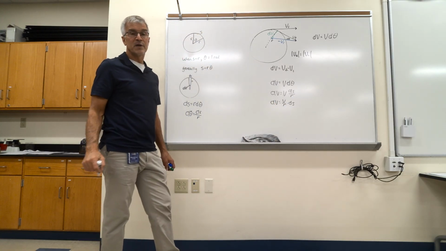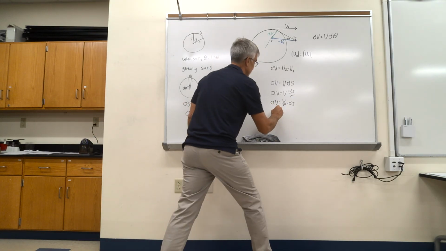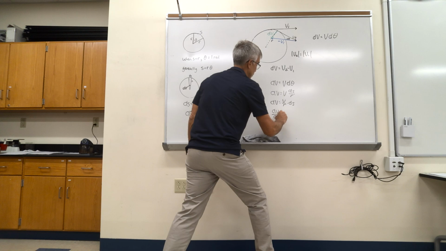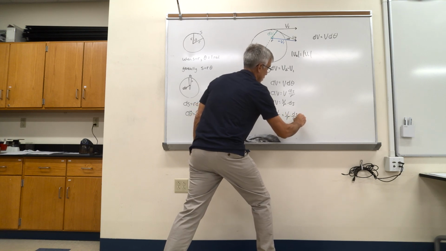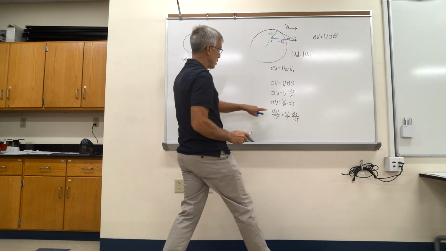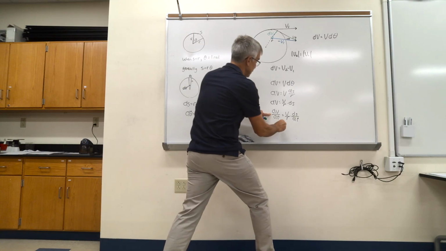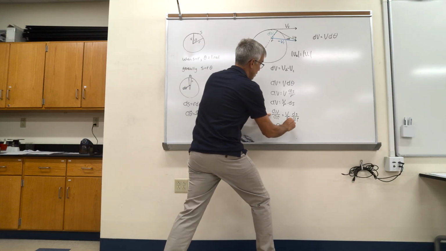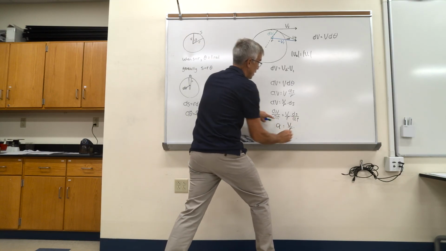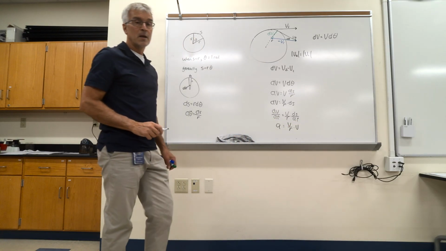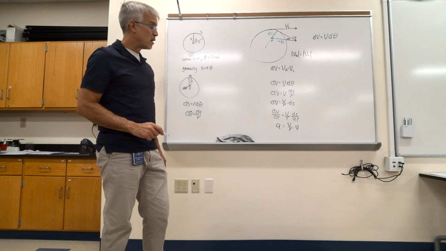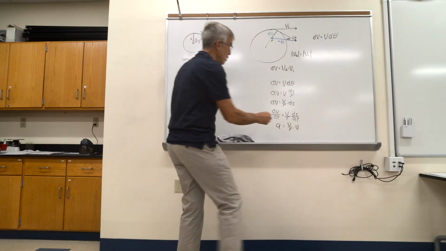Now I'm going to divide both sides by dt. And we all know that dv/dt is acceleration, and ds/dt is velocity. So acceleration equals v over r times v, or I can rewrite it as a equals v squared over r.